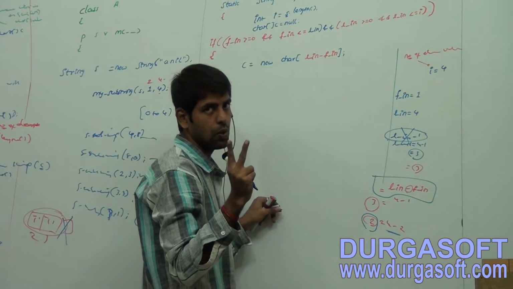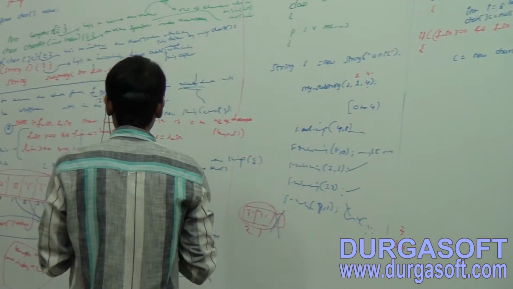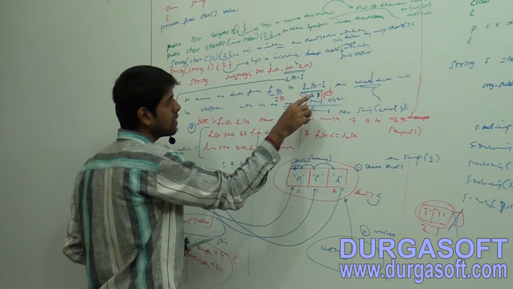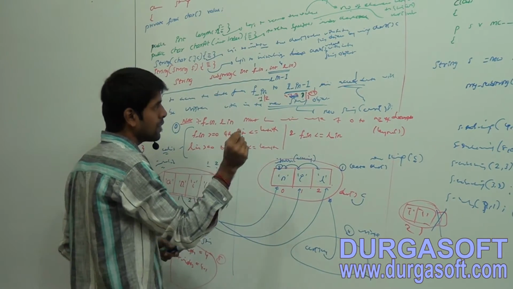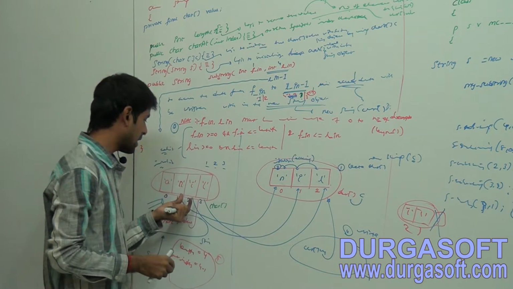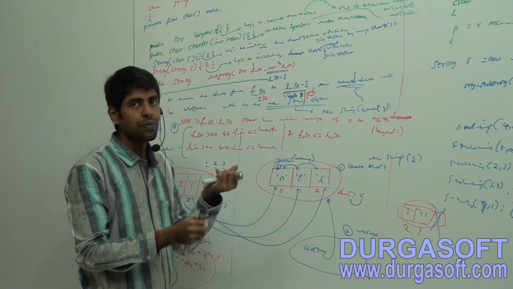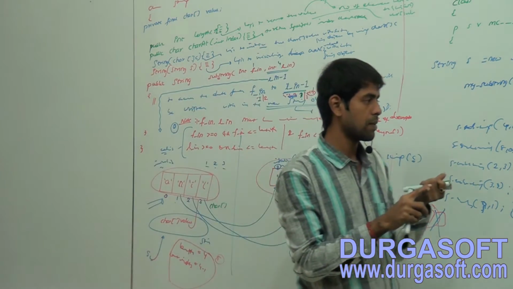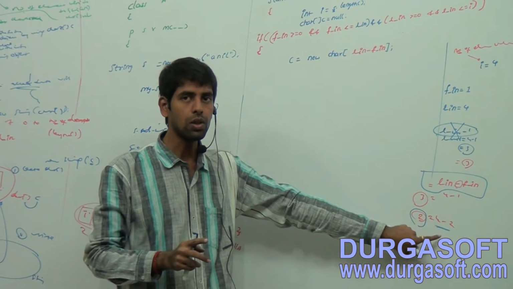Here it is 2. With 2 comma 4, second index and third index, I want only 2 blocks. So 4 minus 2 gives 2.